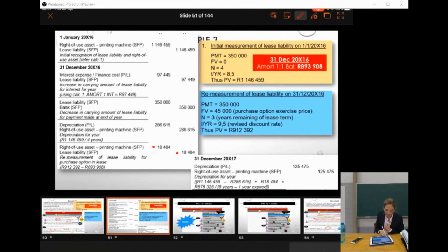So all that's going to happen in our deferred tax calc, temporary difference, is that my right of use asset is going to be a higher amount, 18,000 more, and my lease liability is going to be 18,000 more as well. So the tax base still stays 0, giving us the temporary difference in the deferred tax. So there's nothing weird that happens because of this reassessment.